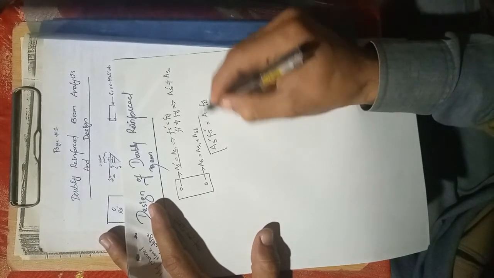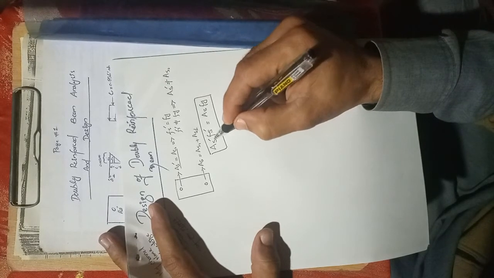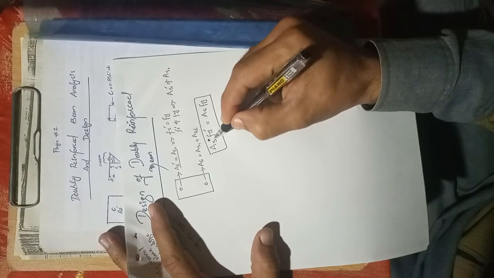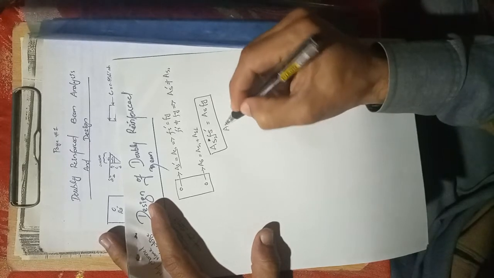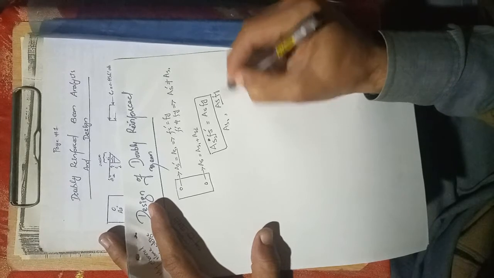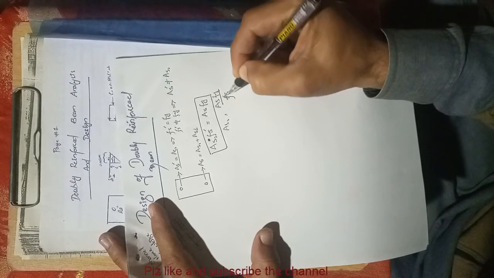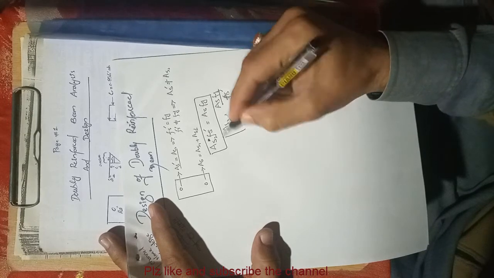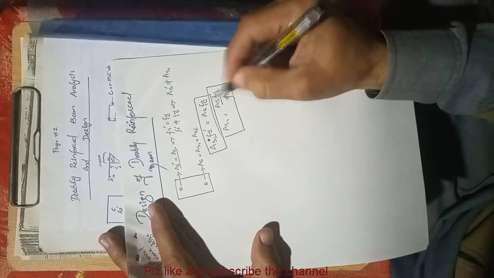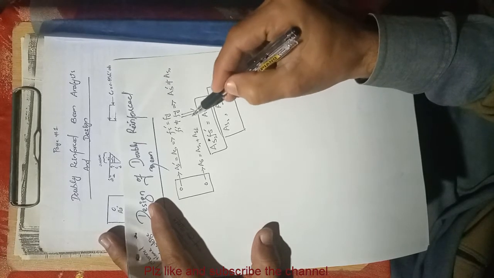This is the relationship from which we will calculate As2. This is not As prime, this is As2. So As2 here equals As prime fs prime divided by fy. So this is a very important relationship. This relationship will be used when this condition is not satisfied, right?